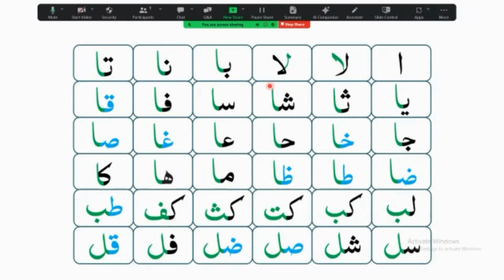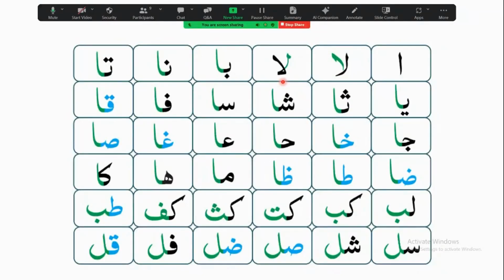The next form again is for La here. This again is the way we write Lam and Alif. Sometimes you will see it written like this, sometimes like this. So again, Lam, Alif, La. The next here is the Ba letter.